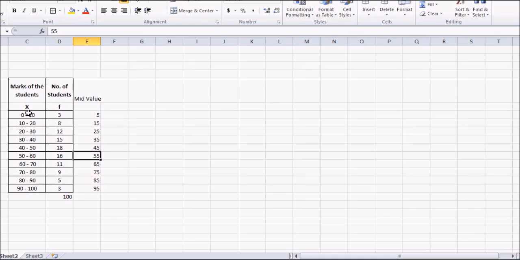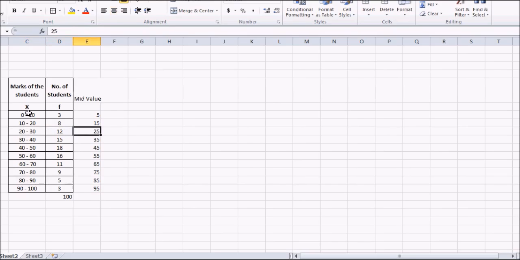So these are the mid values, and we are just taking this as a representative of this class, because we see that there are certain classes where the number of students are, say, 10 and above, 12, 15, 18, and so on. Now when you find the averages and the marks of these students in this class, if you find the average of all of these, somehow or the other it will come very close to the mid value.